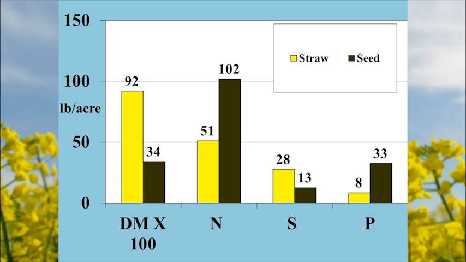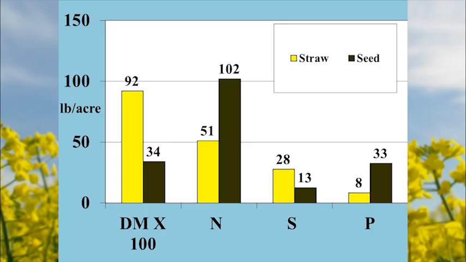This is a crop of canola, and we had 9,200 pounds. That yellow bar is 9,200 pounds of residue, and we harvested 3,400 pounds of canola seed. And if you look at the distribution of N, S, and P there, you see the nitrogen in the straw or the nitrogen in the grain. See the sulfur in the straw or the grain, and you see the phosphorus in the straw or the grain. That's just the partitioning at harvest of what it looks like.